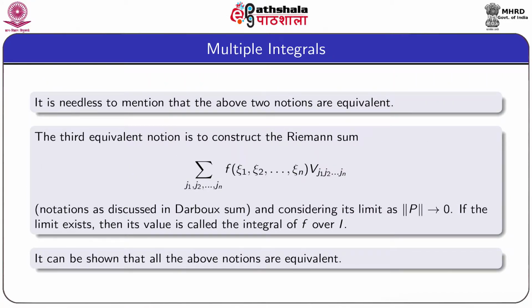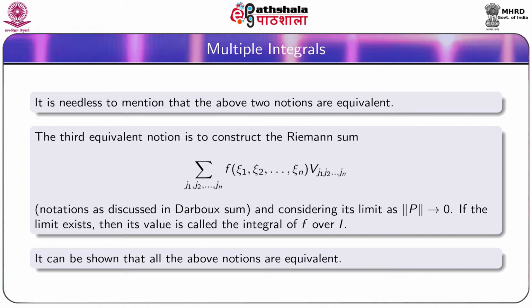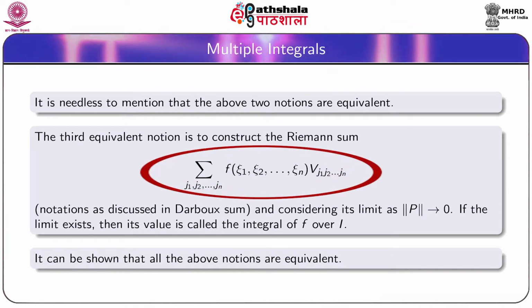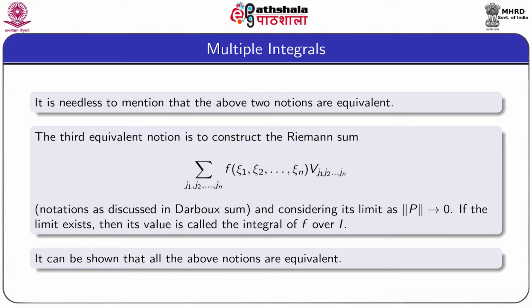It is needless to mention that the above two notions are equivalent. If we assume one of them, we can deduce the other. The third equivalent notion is to construct the Riemann sum, summation over j1, j2, ..., jn of f at the point (j1, j2, ..., jn) multiplied by V(j1, j2, ..., jn).